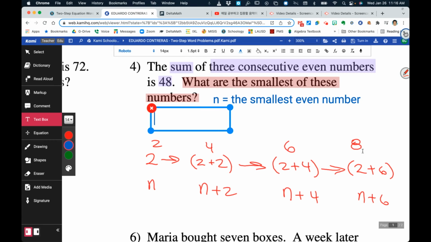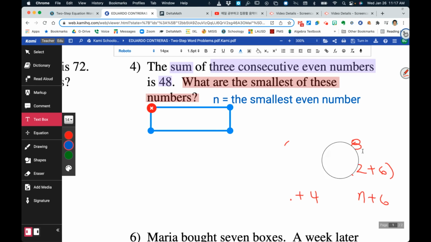So these are my numbers: n, n plus 2 would be the next one, n plus 4 would be the next one, and so on and so forth. Okay? So we're going to use that kind of logic to set up an equation because we don't know what our smallest number is, but we're calling it n.